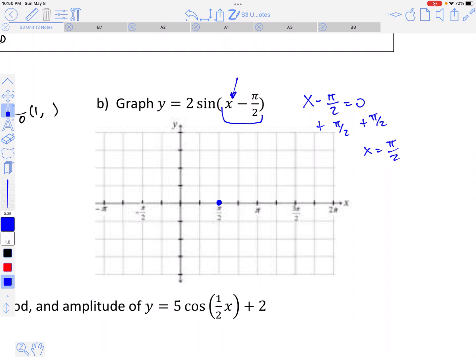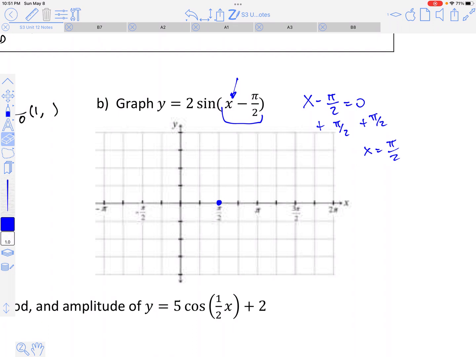Instead of plugging in 0 radians, 0 minus pi halves, our input will become, right? If we plug in 0 radians or pi half radians, they're all going to be affected by this negative pi halves. And this is an easy way to do it. You set it equal to 0, and that'll be your new beginning.